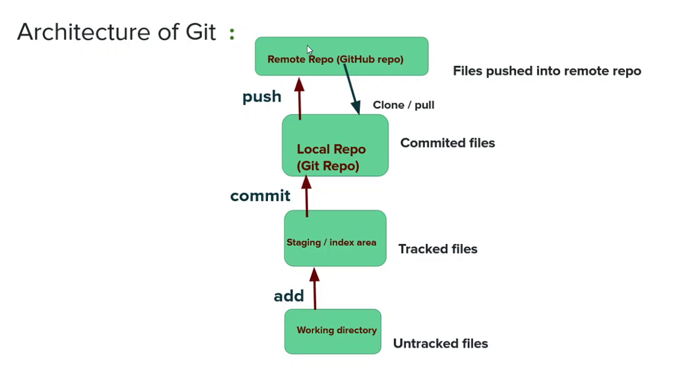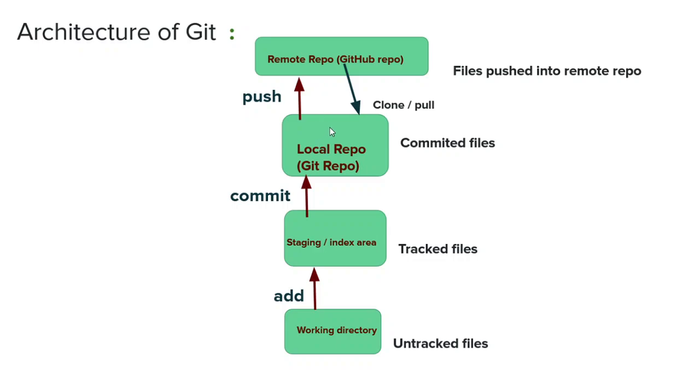For example, if you don't have any local project and you want the project present on the remote repository, you can simply clone it and it will automatically copy that entire remote repository into your local repository. Or you can simply pull the code, which fetches the changes from the remote repository and merges that code into your current branch.